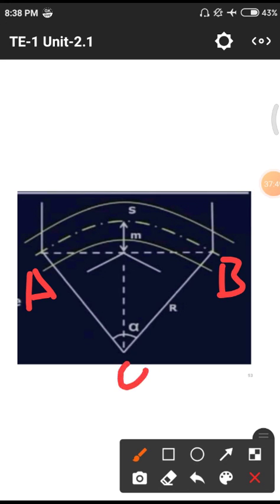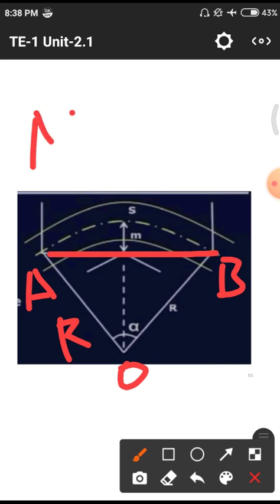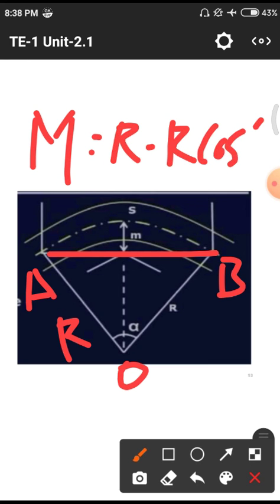O is the center of the curve. O to a is radius r, and O to b is also the same radius. This is the line joining points a and b. From that we calculate m equal to r minus r cos alpha by 2.